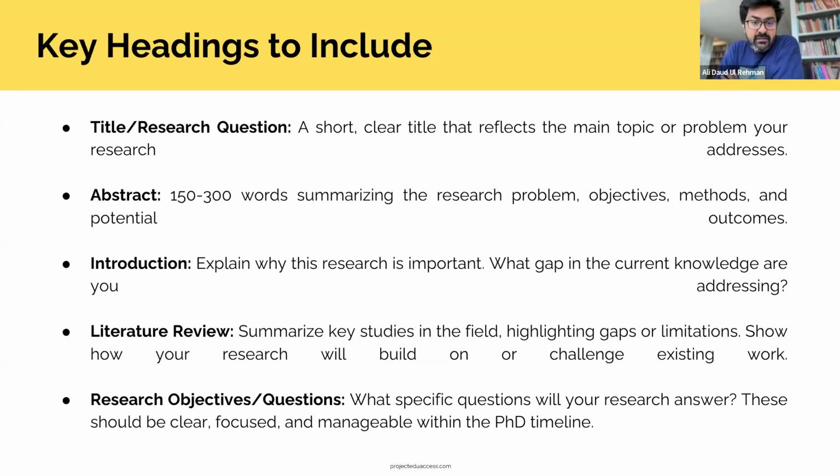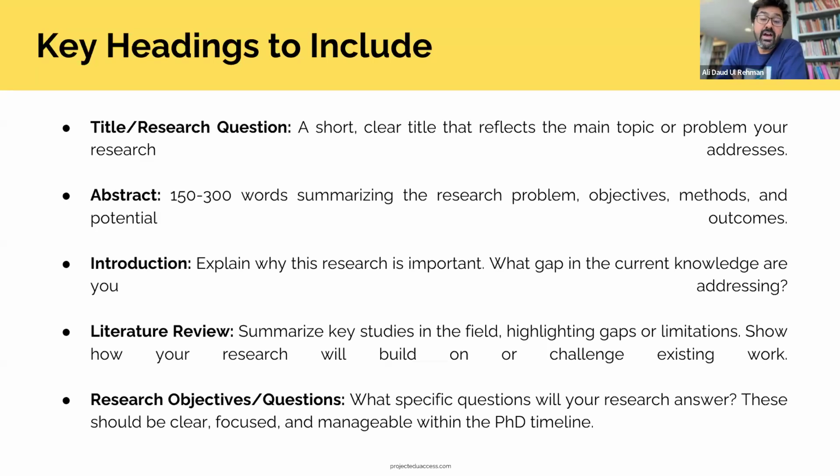The third section of your research proposal is an introduction. It explains very briefly what you want to work on, why your research is important, and what the gap in knowledge is that you are addressing. From there, you can move on to the literature review, where you talk about all the key works that have been produced on your research over the past two, three decades.